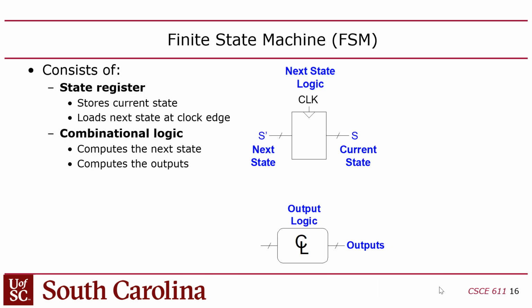Okay, so then we have the next state logic and we have the output logic. So we have 2 of the 3 pieces we need. The final piece is the actual memory, the flip-flops. So that's typically called the state register, or in Verilog it's called the clocked process.